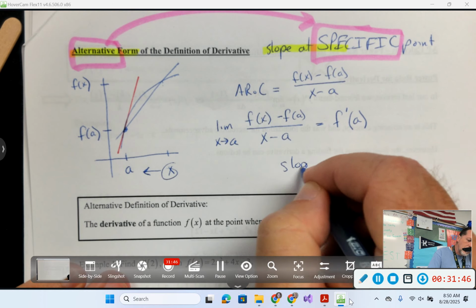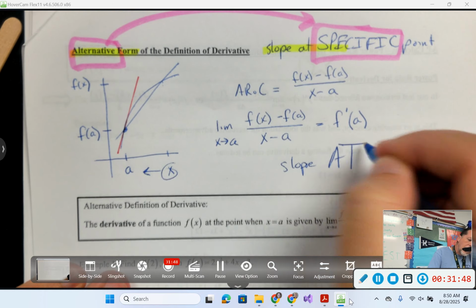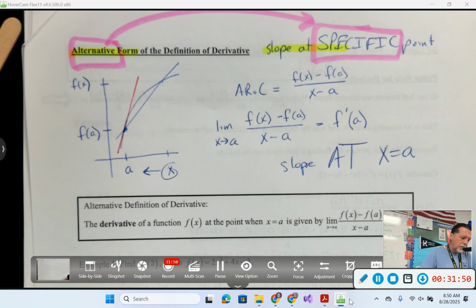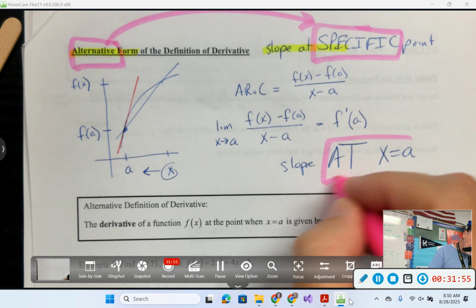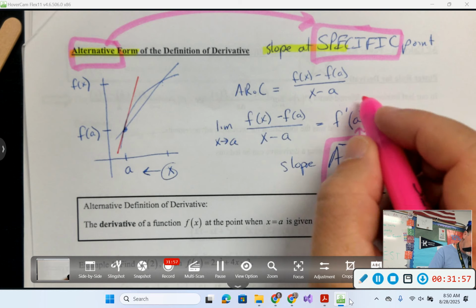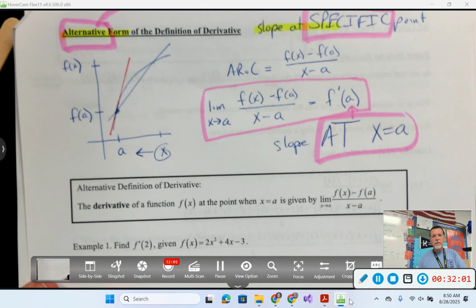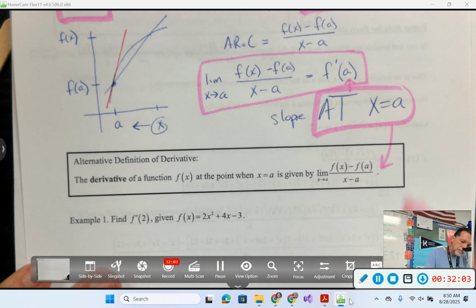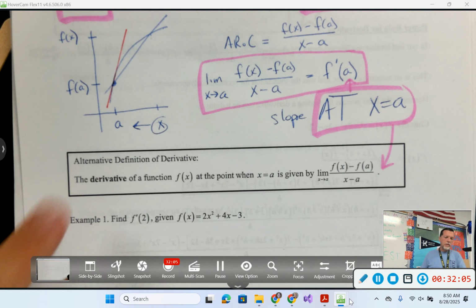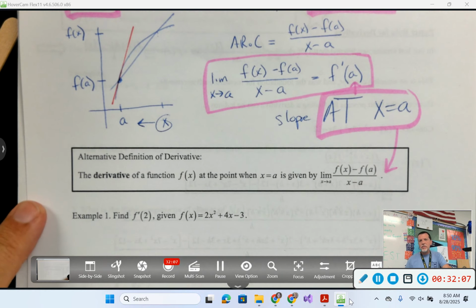So that's the slope at x equals a. That's the important part. So the alternative form is nice, but it only gives you the slope at one particular point. And there it is boxed up, but that's the same thing we just did.